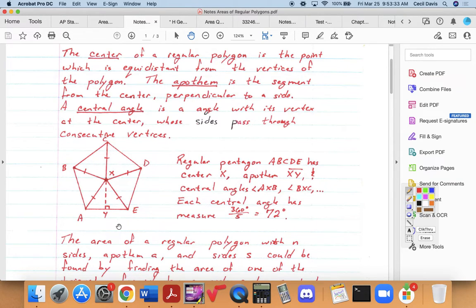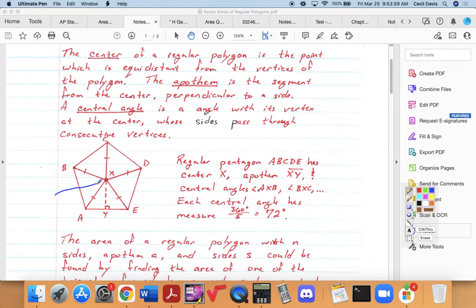And then another new term for you is a central angle. But you can, again, kind of get that from context. A central angle is an angle with its vertex at the center. Duh. Central angle. But there's a little bit more to it than that, whose sides pass through consecutive vertices. So, again, here is the center.